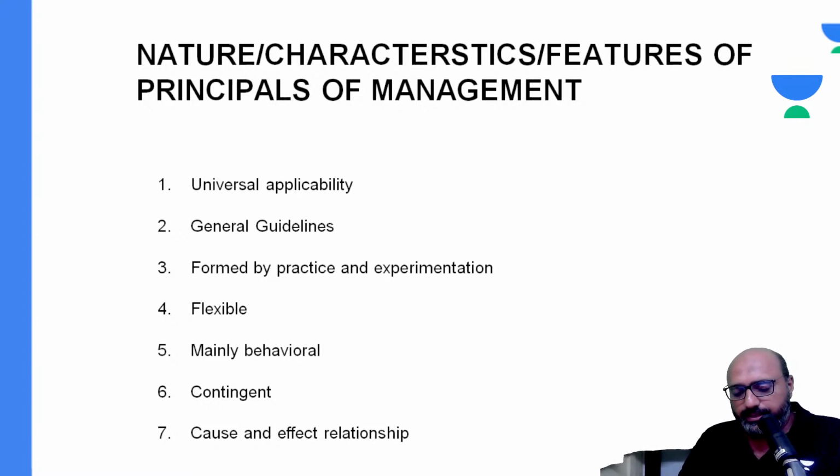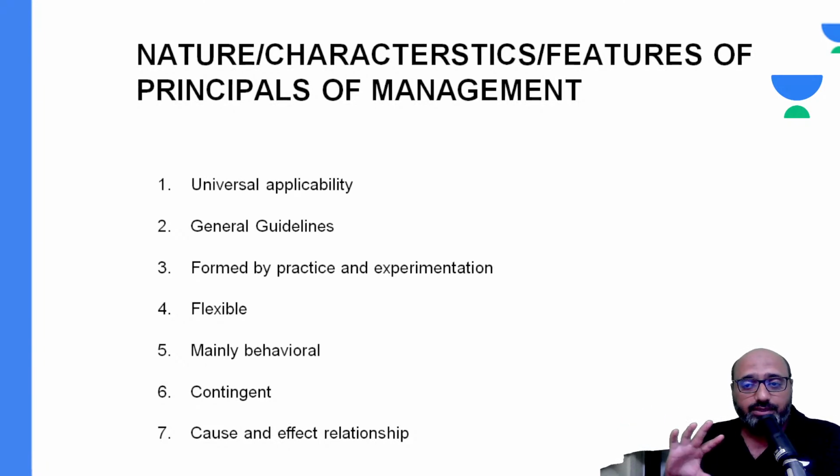To summarize, we understood what a principle of management is. Principles of management are basic guidelines which have to be followed by an organization, and those are flexible in nature.